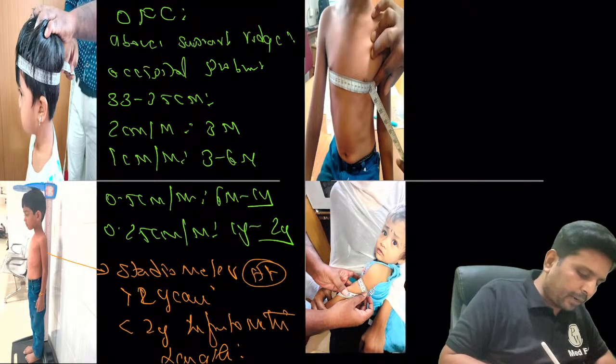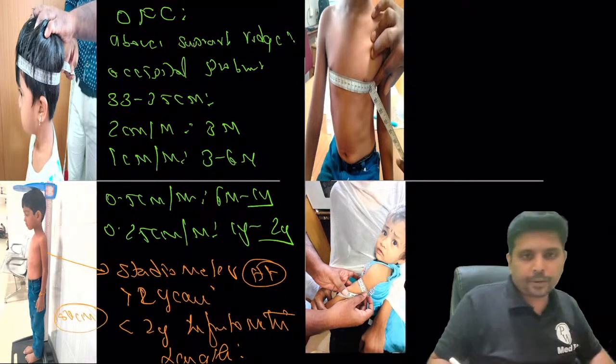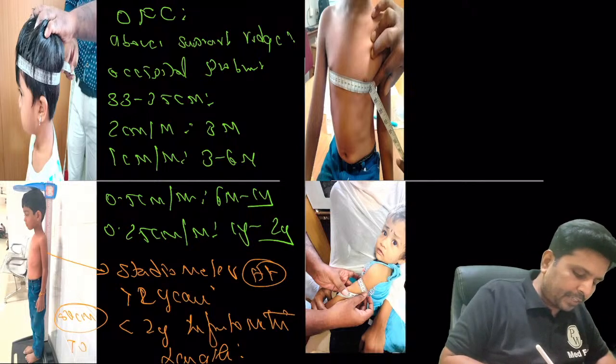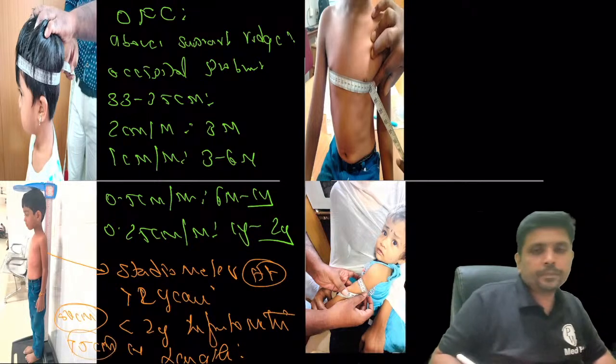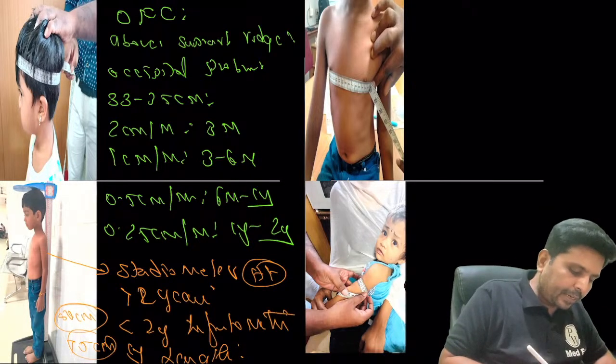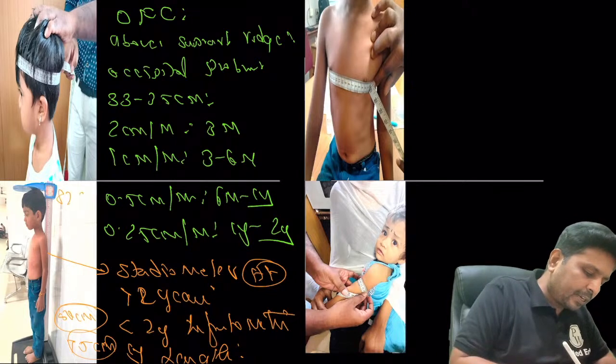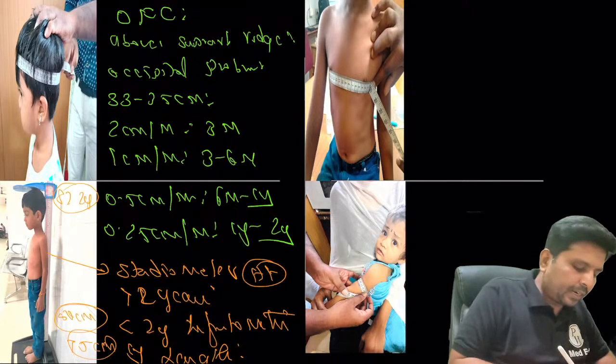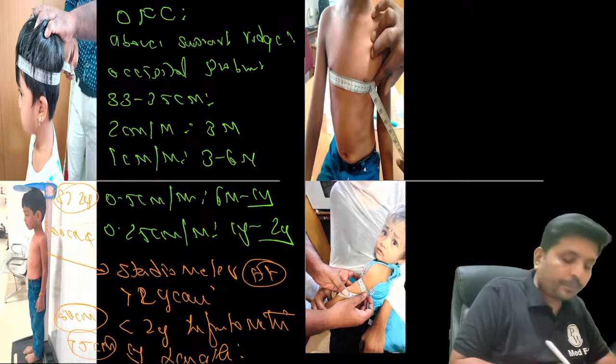Normal height is 50 centimeter at birth, 75 centimeter at 1 year, 87 centimeter at 2 years, roughly 100 centimeter at 4 years.